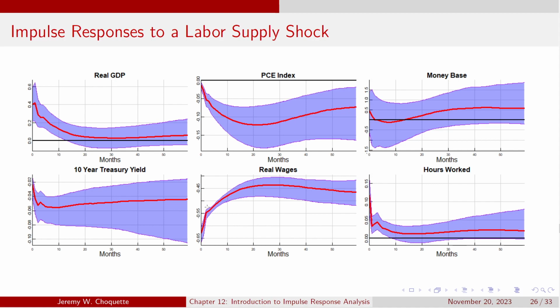Here's the thing, though. Look at real wages. What are real wages doing? Your first thought's going to be, okay, they increased. And you wouldn't necessarily be out of line for thinking that, because it looks like they're increasing, right? They are increasing, but look at what's going on here. They're increasing after the initial drop.